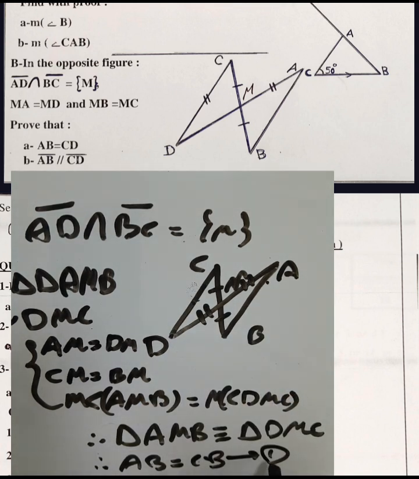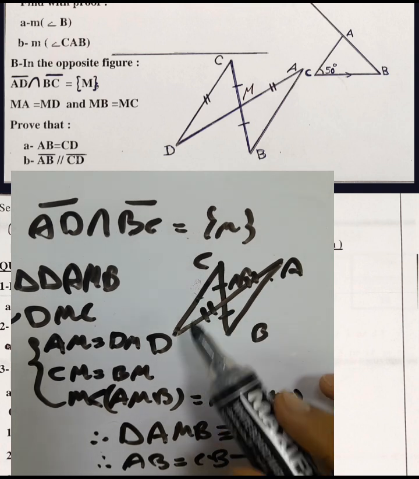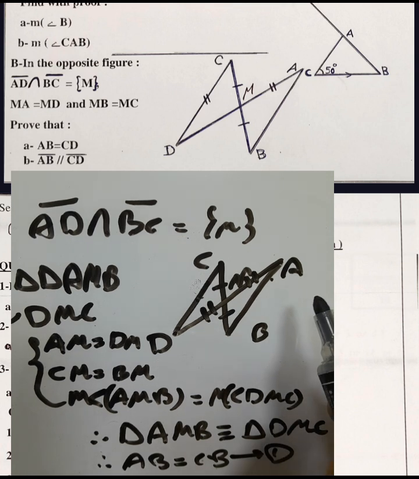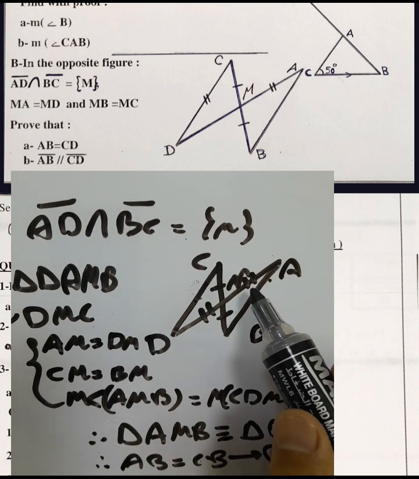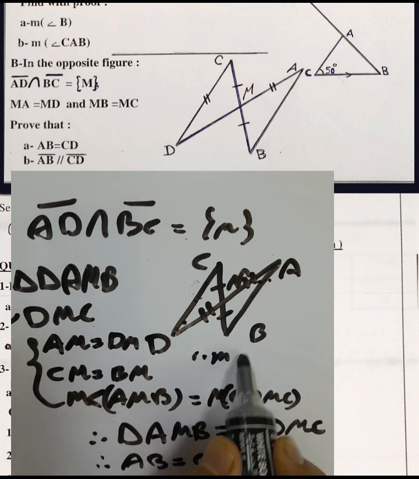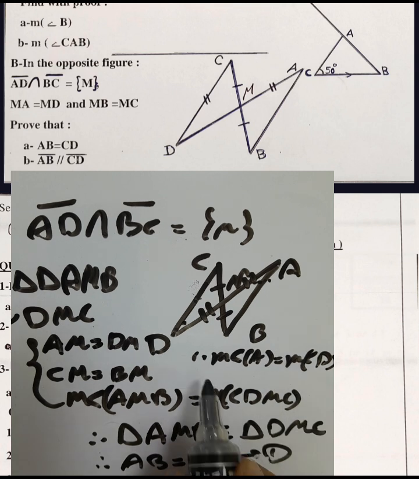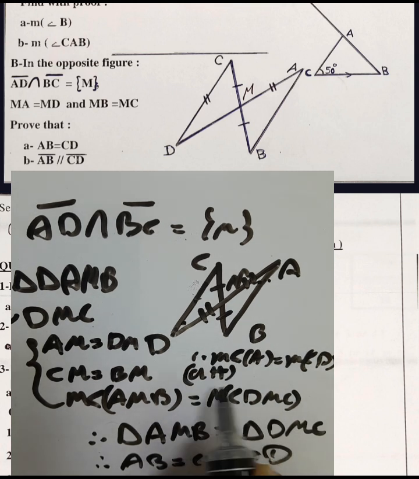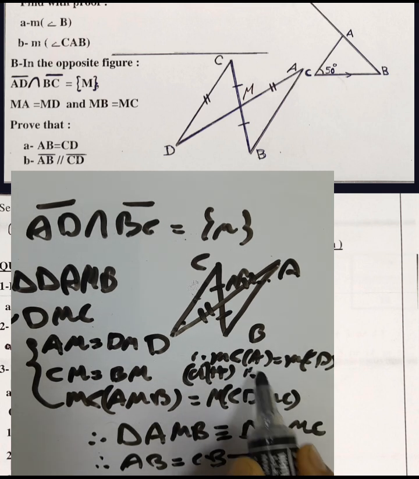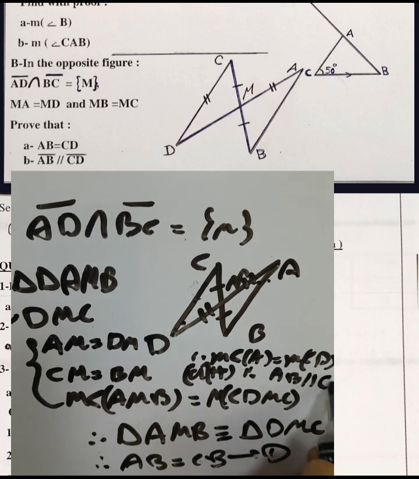That's number one. And what about number two? We want to prove that AB is parallel to CD. Then we can prove that the measure of angle A equals the measure of angle D, alternate angles, then AB will be parallel to CD.